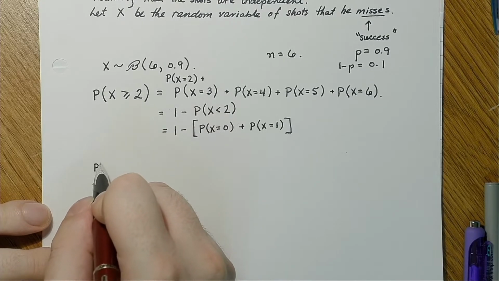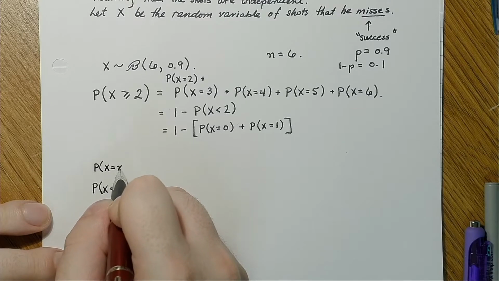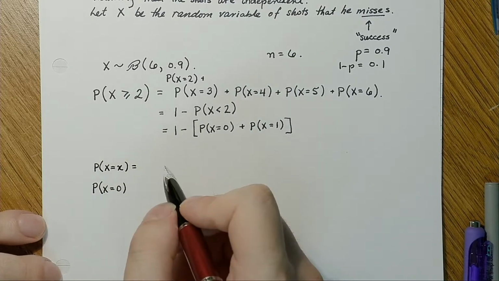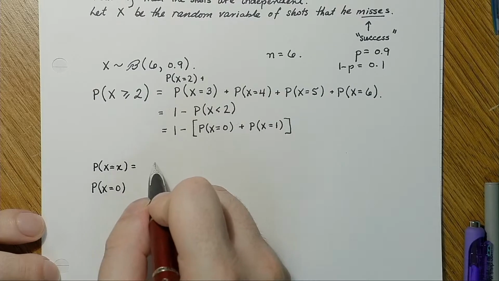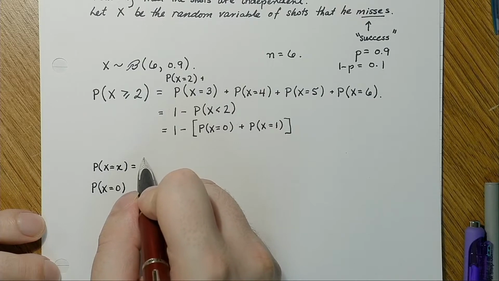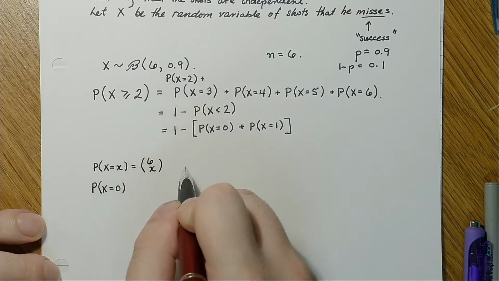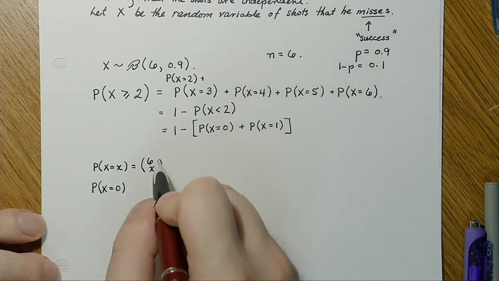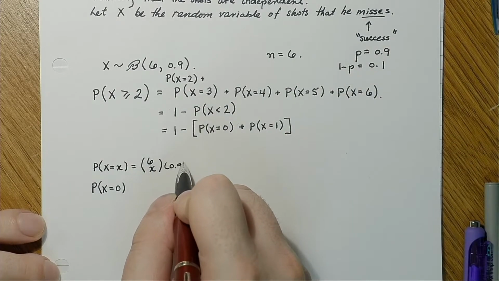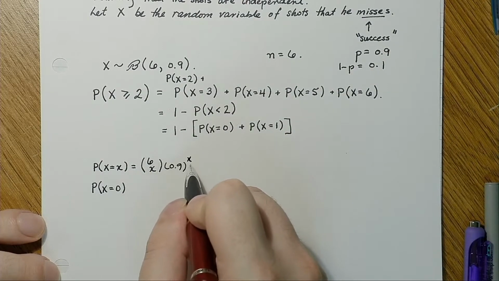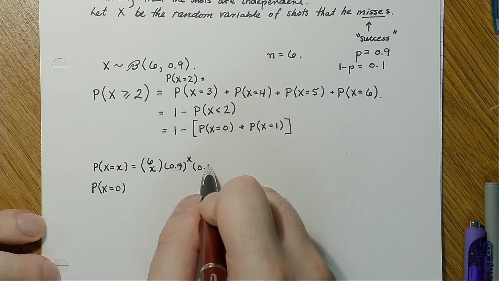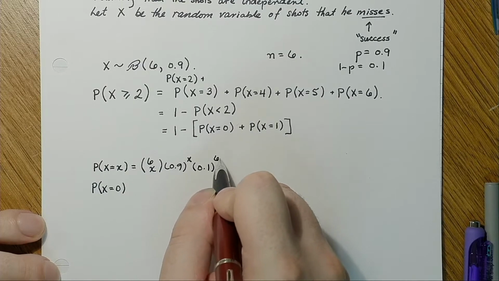Maybe I should write out just the generic version of this, the probability distribution. That's 6 choose x times the probability of success, 0.9 to the x, times 0.1 to the 6 minus x.